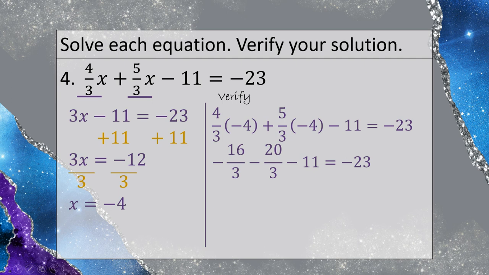And then when we add from left to right, -16/3 minus 20/3 would be -36/3, or -36 divided by 3, which is -12. -12 minus 11 gives us -23, so we get -23 equals -23, which is true, so that verifies x equals -4 is our solution.